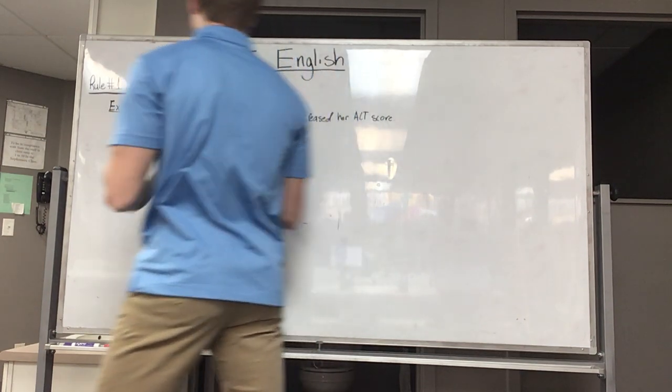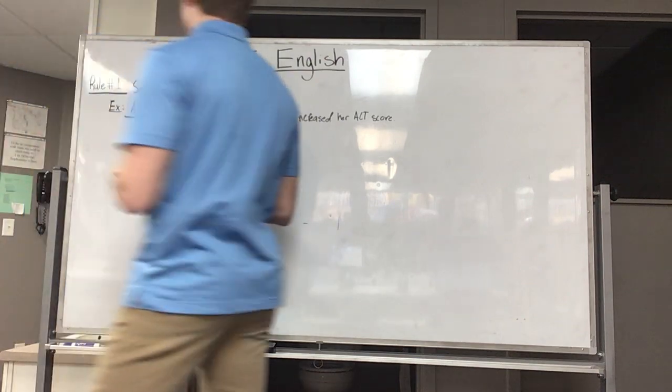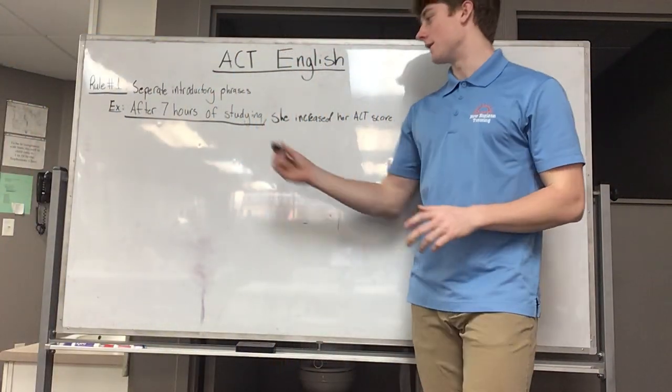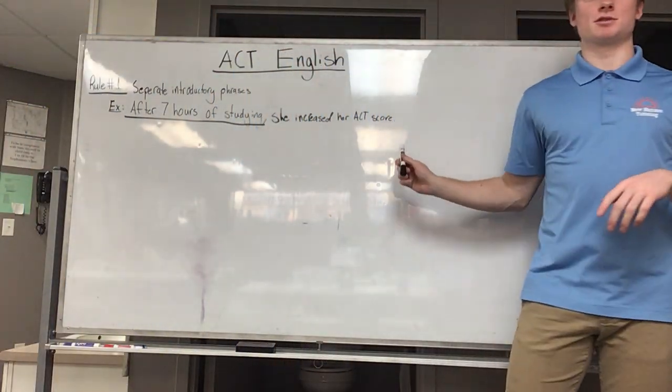So here we can see this part right here is the introductory phrase, after 7 hours of studying, and then you need a comma after that to introduce the rest of the sentence.